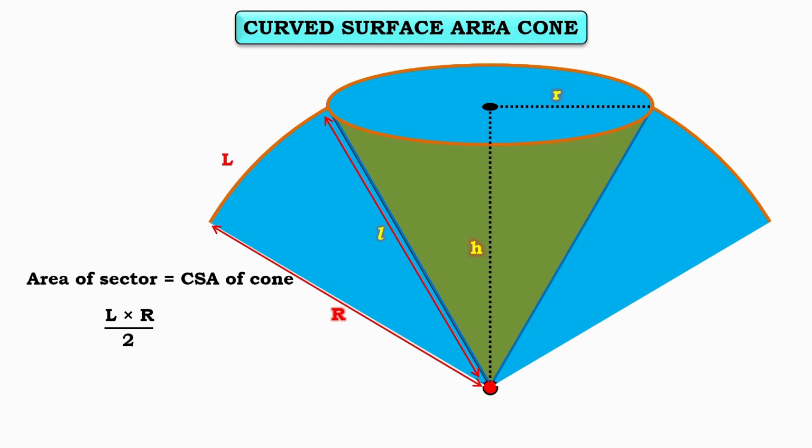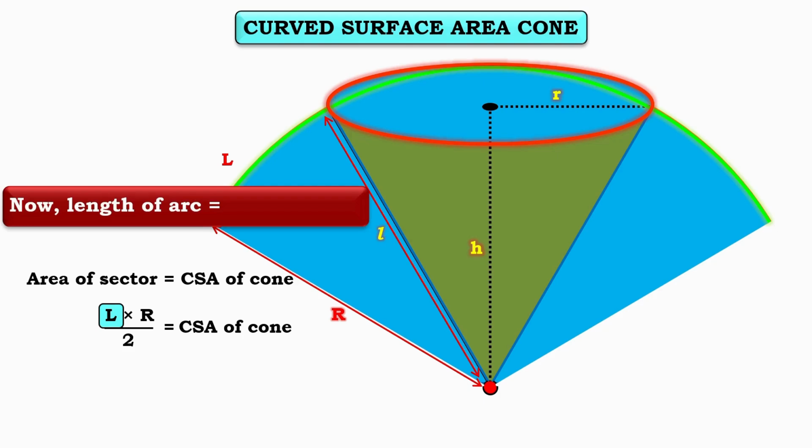So that is equal to the CSA of cone, the curved surface area of the cone. Whenever we know the arc length and the radius of a sector, to find the area of the sector the formula is half into the length of the arc into radius. So that is equal to the CSA of the cone.